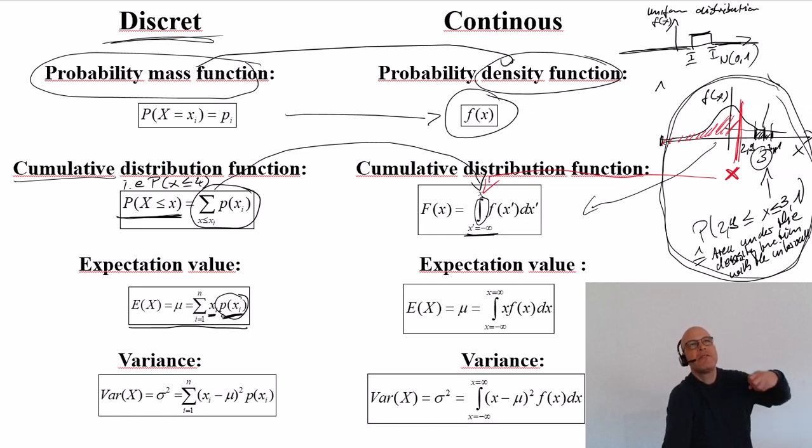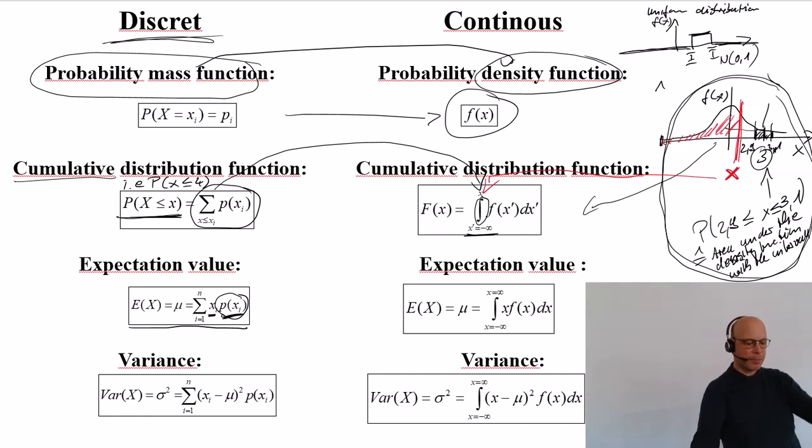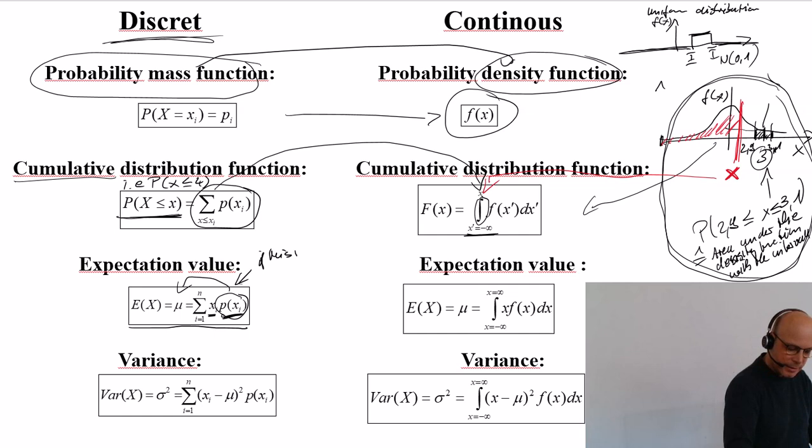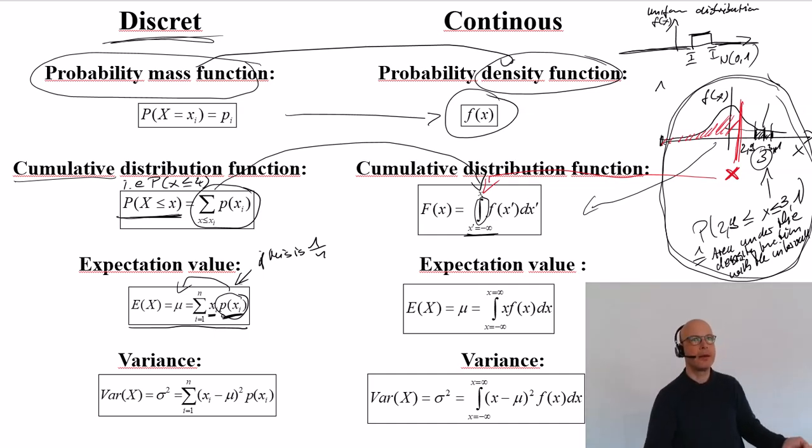And if we have n single events, then of course this probability is 1 over n. And this 1 over n we can put outside the sum. And then you end up, of course, for the expected value as an estimator with the arithmetic mean.